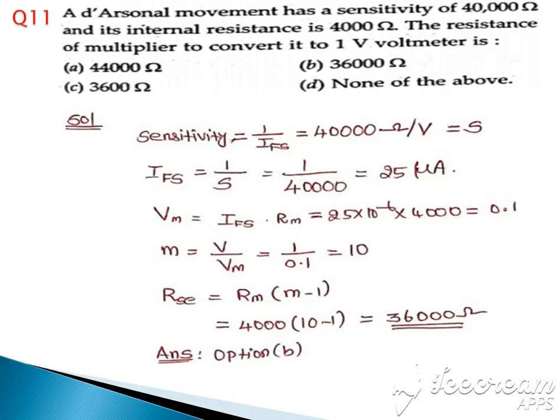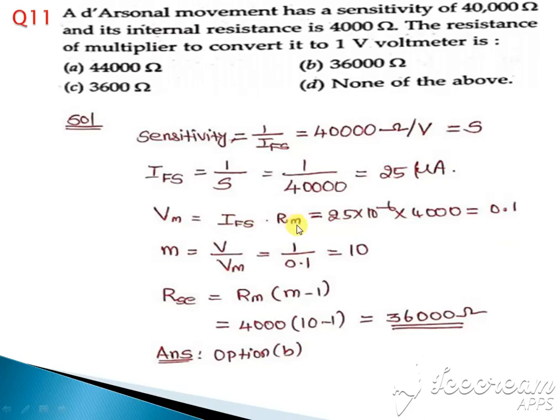A D'Arsonval movement has a sensitivity of 40,000 ohm per volt and an internal resistance of 4,000 ohm. The resistance of the multiplier to convert it to a 1 volt voltmeter is? First we need to find the sensitivity, which is the reciprocal of the full scale current. Its value is given. From this we can find the full scale deflection current, 25 microampere. Now we need to find the voltage across the meter, IFS into Rm.